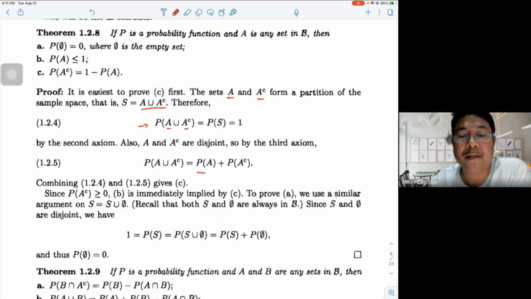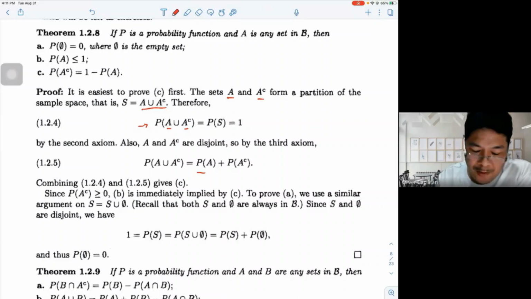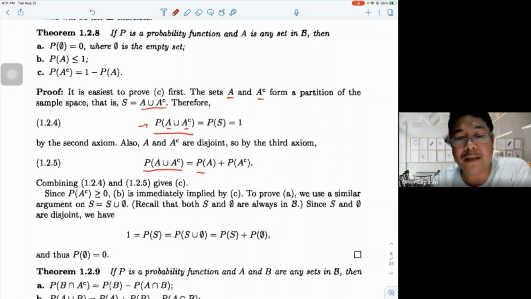If we use these two equalities, 1.2.4 and 1.2.5, we can show that the probability of A complement is equal to 1 minus the probability of A. Knowing that these two are equal, this on the left-hand side is equal to 1, and this same expression on the left-hand side is also equal to this sum of two probabilities.